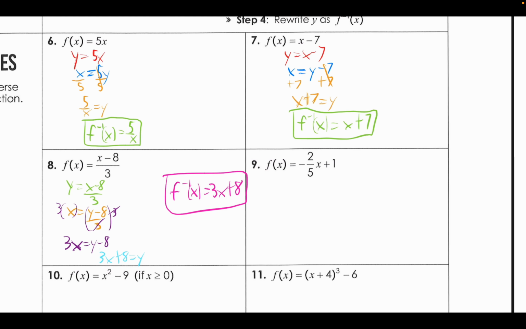So next up for number 9 here, replace f of x with y, and then switch x and y around. And start solving for y. So I'll subtract 1 here.